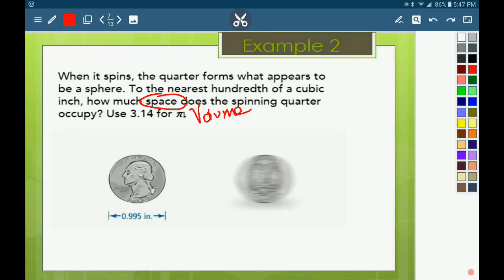If I had to fill the space that this spinning quarter is occupying with air, with water, whatever, I want to know how many cubic inches there are. Now, I'm seeing a dimension here, but the dimension is going from one end of the quarter to the other, as indicated by these arrows. That means it's creating a diameter.